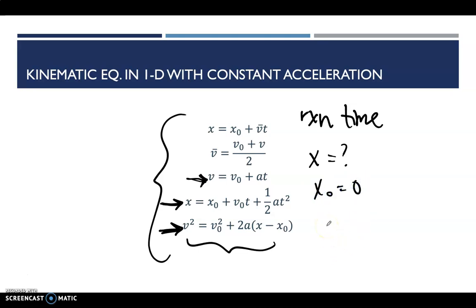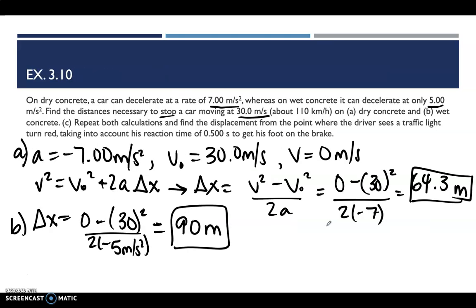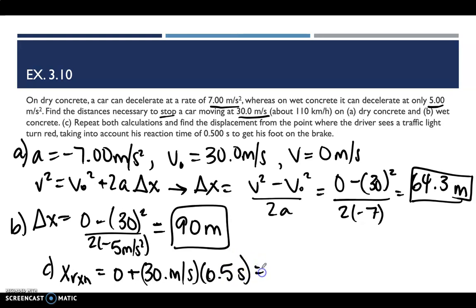Then our velocity is given to us as 30 meters per second. For reaction time, x reaction, we have x naught, which is 0, plus velocity, which is 30, times our time, which is 0.5 seconds.